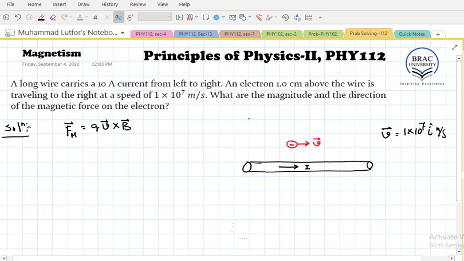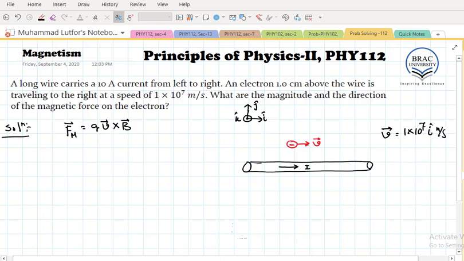I hat, because I'm choosing this as my positive i direction, or positive x direction, this as j hat, and we can also consider that k hat is out of the screen. This is the dot, this is the k hat. Then the speed of the electron is towards the positive x direction. That's why it's 1 × 10^7 i hat.